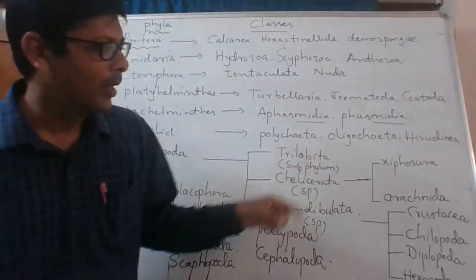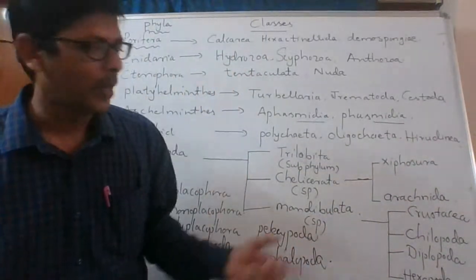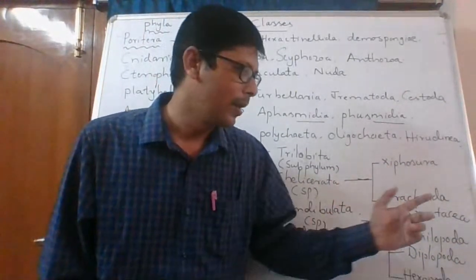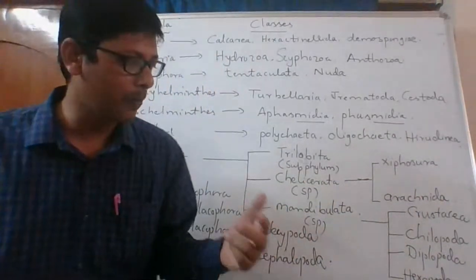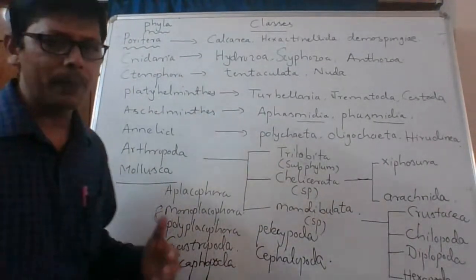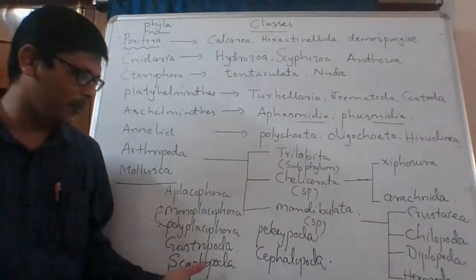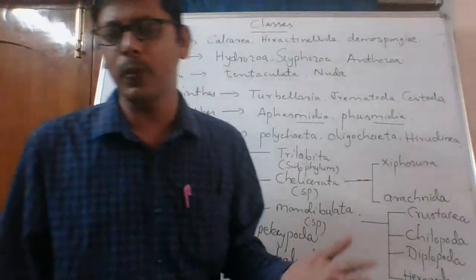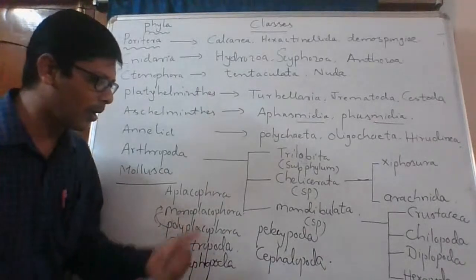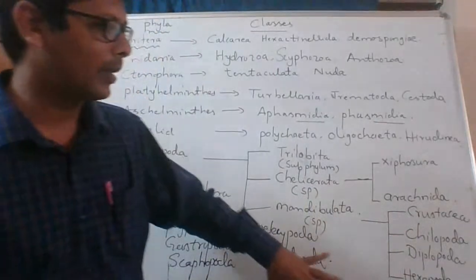These are the three subphyla. Gyphosura, Arachnida. Crustacea, Chilopoda, Diplopoda, Hexapoda. Next phylum is Mollusca. Aplacophora, Polyplacophora, Monoplacophora, Gastropoda, Scaphopoda, Pelecypoda, Cephalopoda.